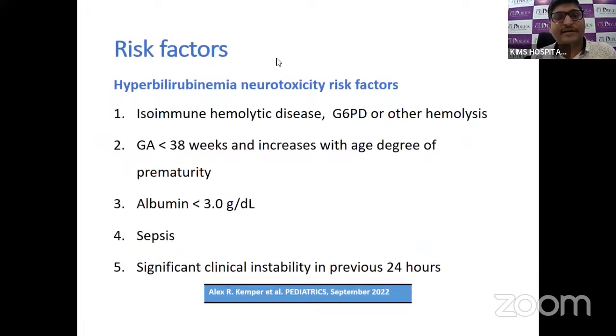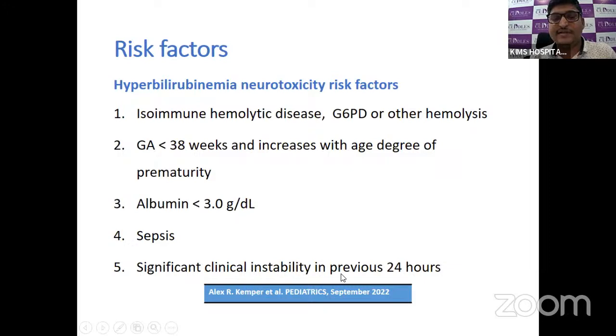These are the risk factors which can lead to neurological sequelae or neurological complications. The previous ones we have seen are the risk factors for significant hyperbilirubinemia. These are the risk factors for neurotoxicity: isoimmune hemolytic disease, G6PD or other hemolysis disorders, gestational age less than 38 weeks, which increases with the degree of prematurity, albumin less than 3 milligram per deciliter, and sepsis.